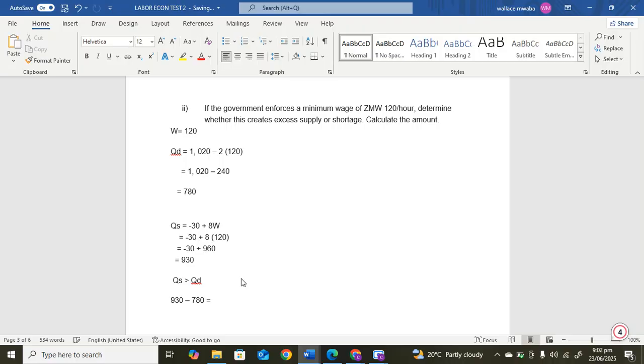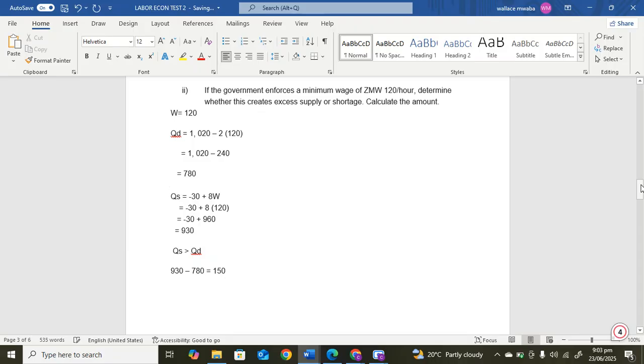So there's an excess of 150 workers. Excess of 150 workers. Number of workers.